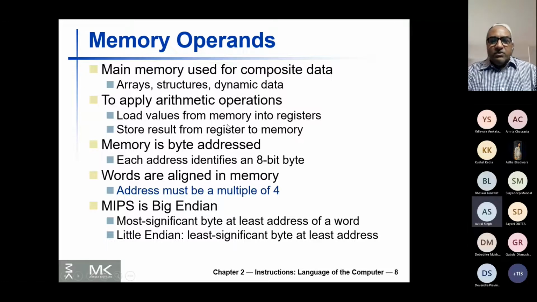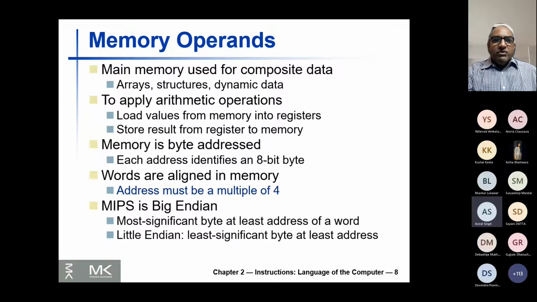Those instructions contain memory operands, that means the address of the memory as one of the operands. Earlier, in the add and subtract instructions we have seen, the operands contain register names because the values are present in the registers. But here the data is available in the main memory.